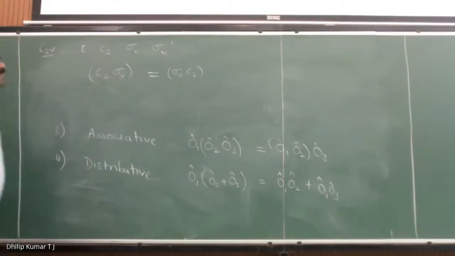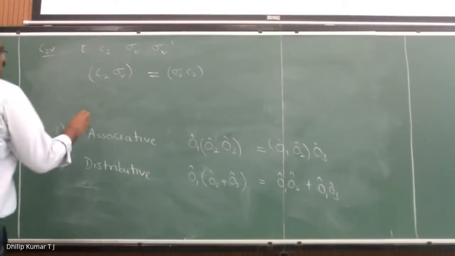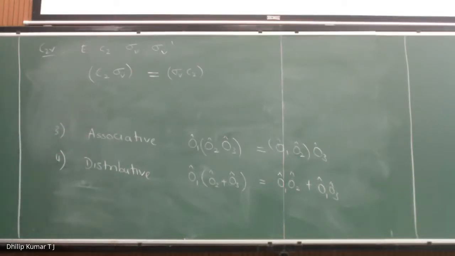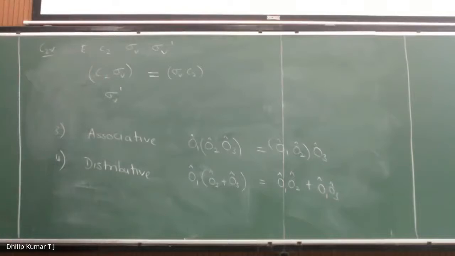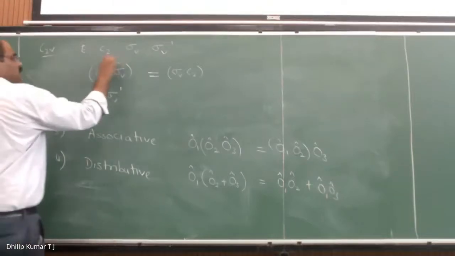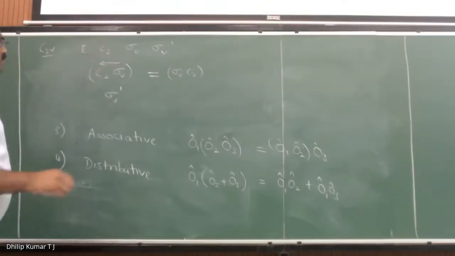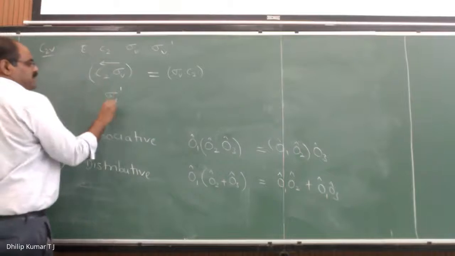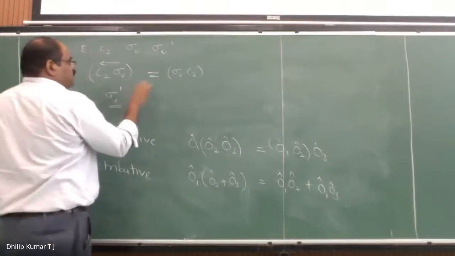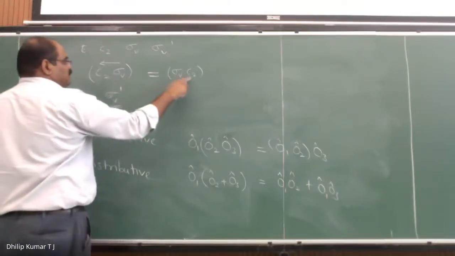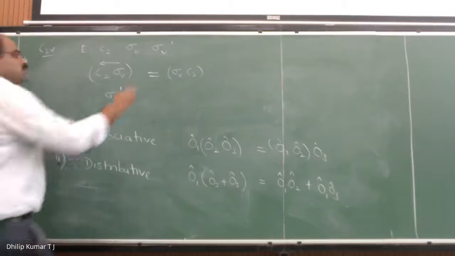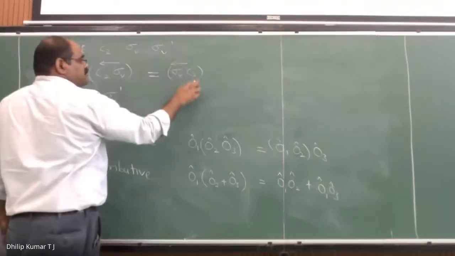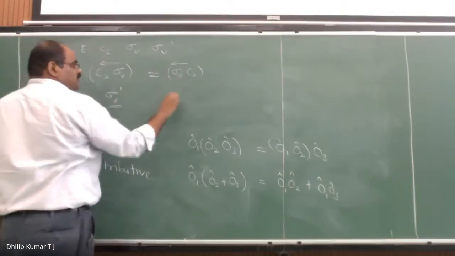From the group multiplication table, you can say the answer. You get sigma v prime. If you perform sigma v into C2, we perform in the reverse direction, and it results in sigma v prime. And if you invert it, you perform C2 and then sigma v. This will also result in sigma v prime.